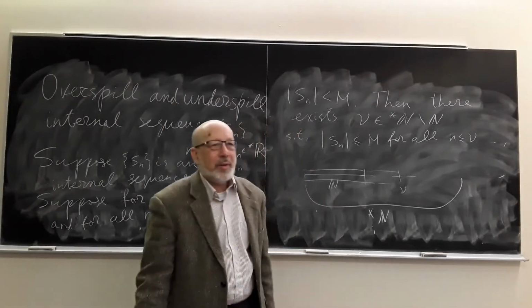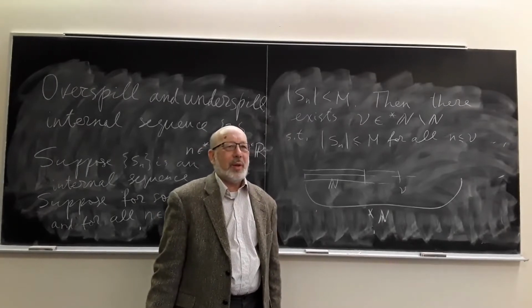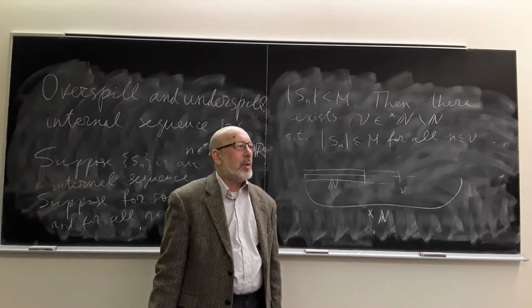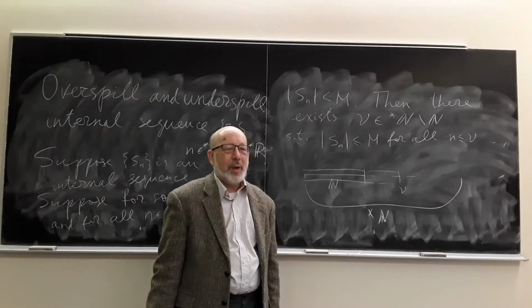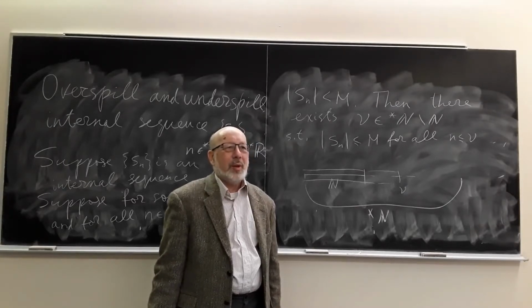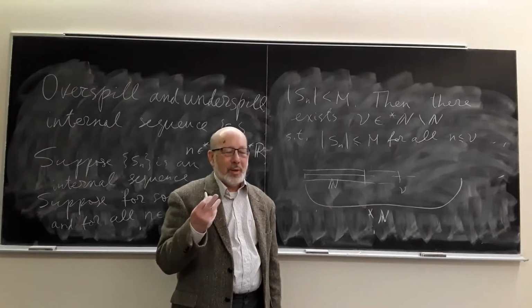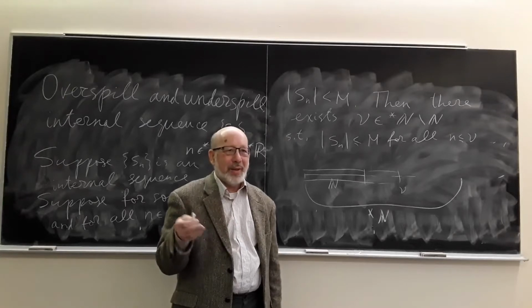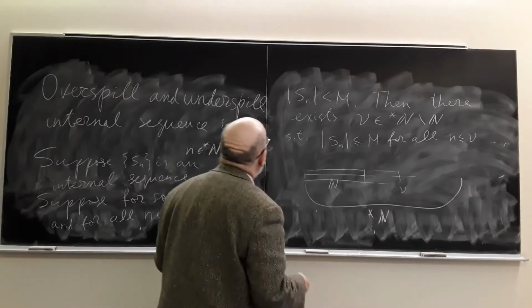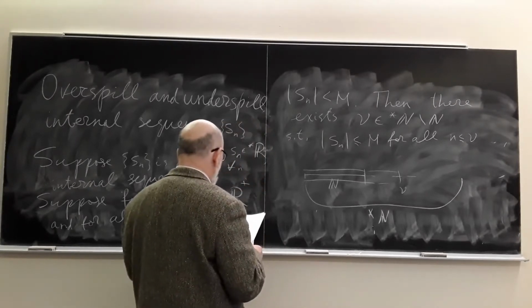Okay, this definition is wrong, because the sequence is not internal. Why is it not internal? Because it uses the non-internal notion of the set of finite numbers. The predicate of being finite is not internal. Okay, so how is it proved?